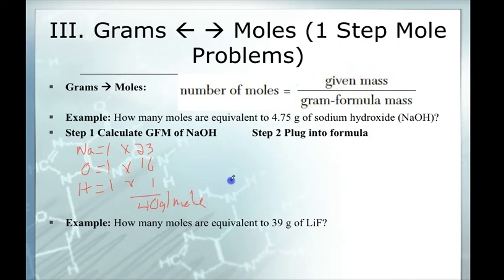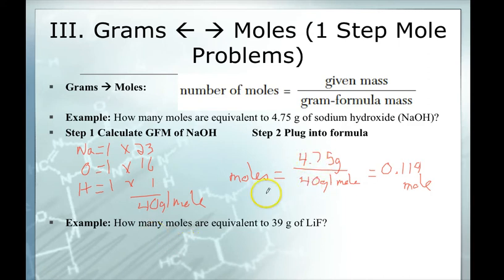So we have moles, which is what we're looking for, equals our given mass, which is 4.75 grams, over 40 grams in a mole. And I believe you end up with 0.119 moles of NaOH, right? Top number goes in the calculator first, so you should see, obviously, it's going to come out to a small number because the much bigger number is on the bottom.